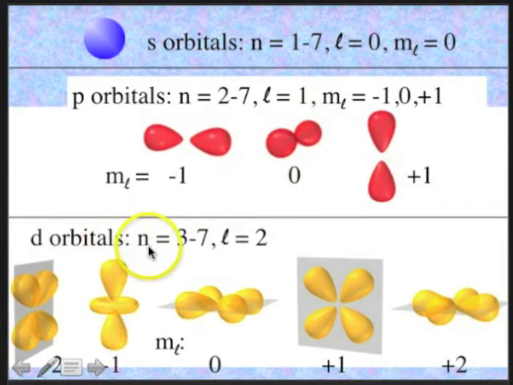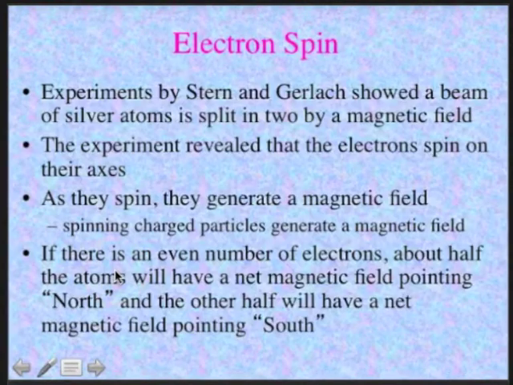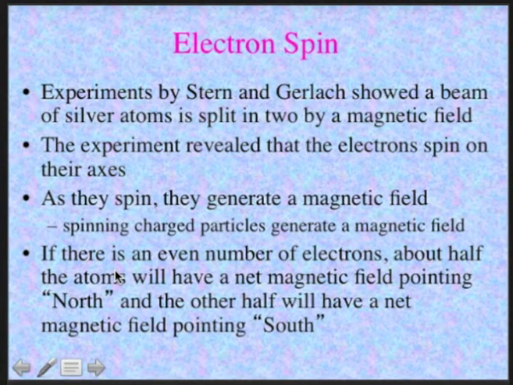D orbitals range from n equal to 3 through 7. The l value for a d orbital is 2, and the m sub l levels range from minus 2, minus 1, 0, plus 1, and plus 2. Now, experiments by Stern and Gerlach showed that a beam of silver atoms can be split in two by a magnetic field. And the experiment revealed that the electrons spin on their axes.